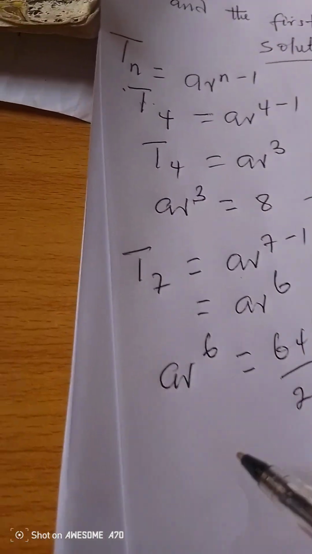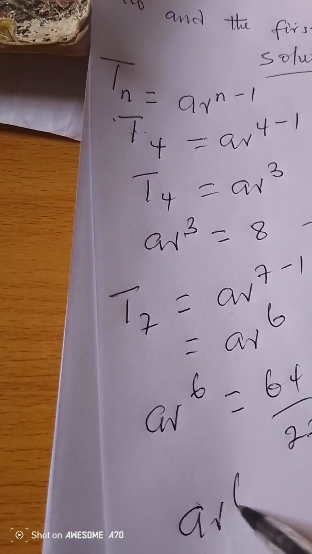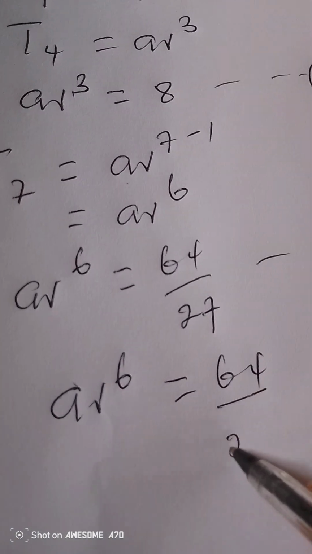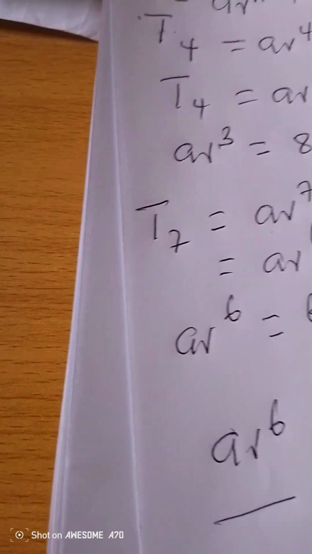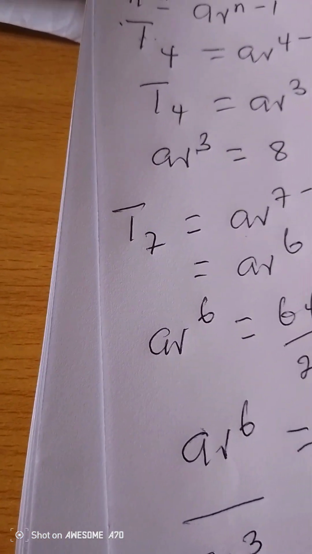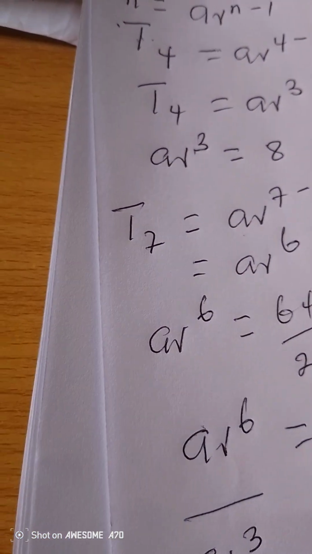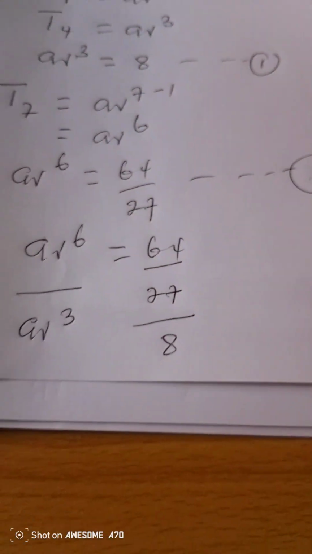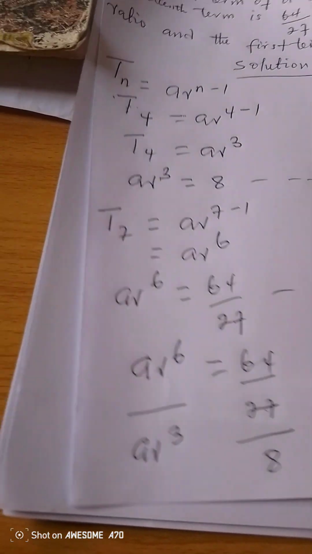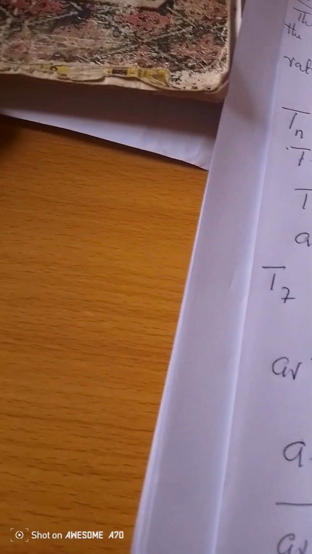So we are going to have A R raised to power 6 equal to 64 over 27, divided by A R raised to power 3, and then by 8. So what we did is that we divided equation 2 by 1.